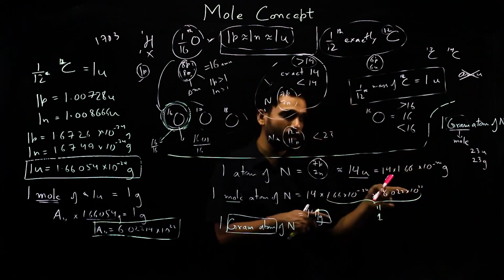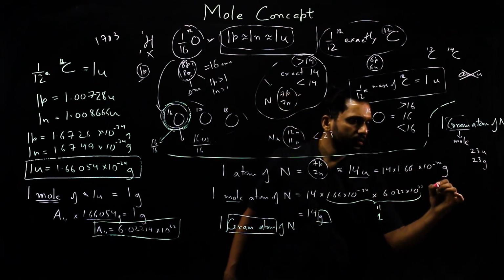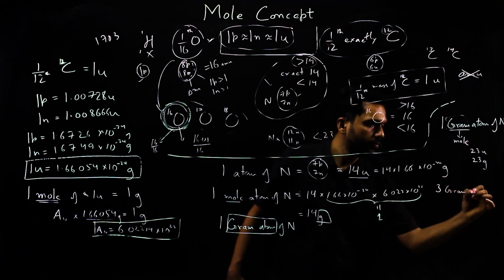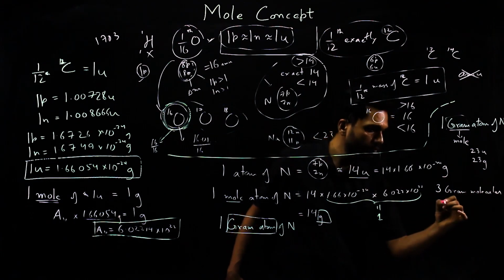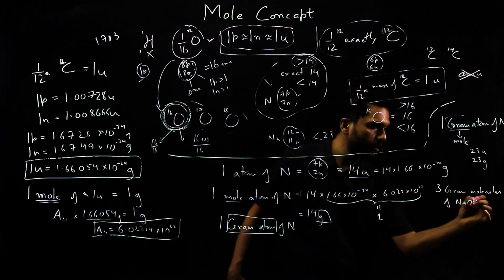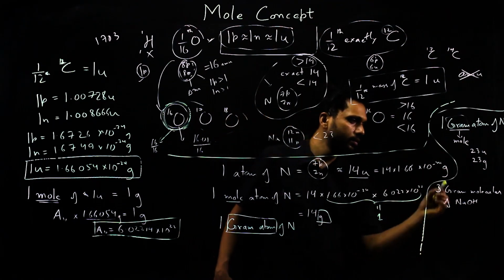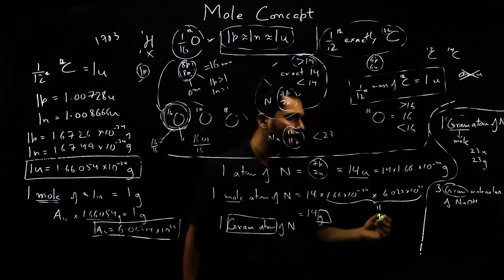Yeah, so just do this quickly. Give me the weight of 3 gram molecules of NaOH. Do this fast. So what have you done? You have read this as mole: 3 mole molecules.